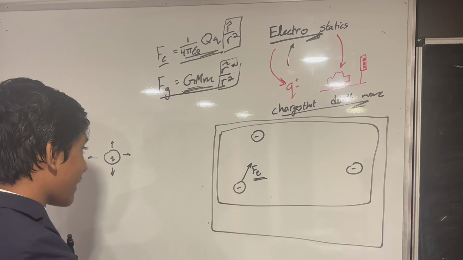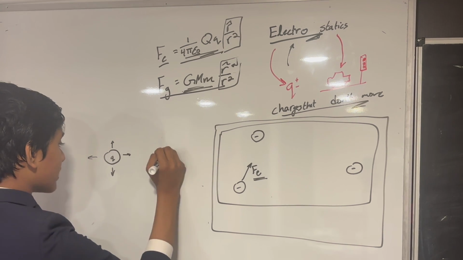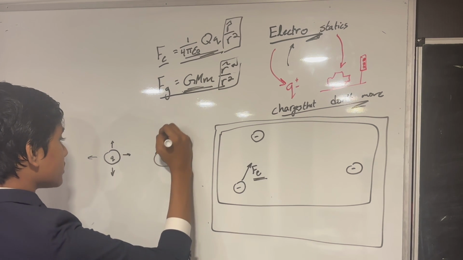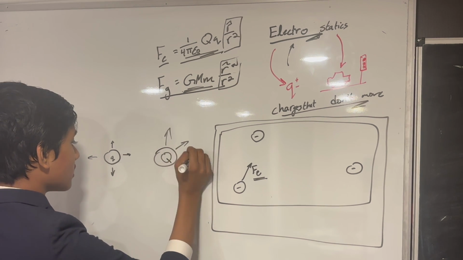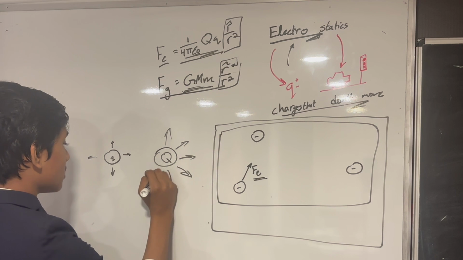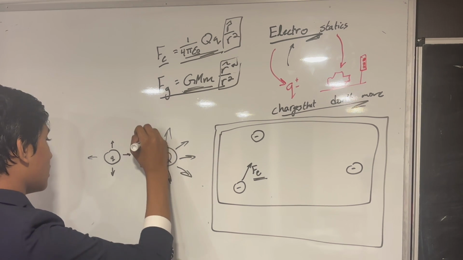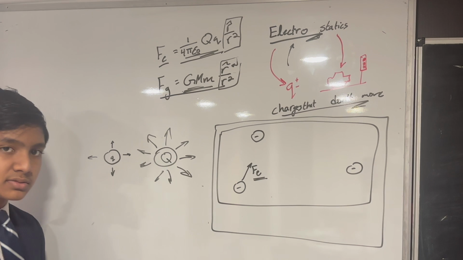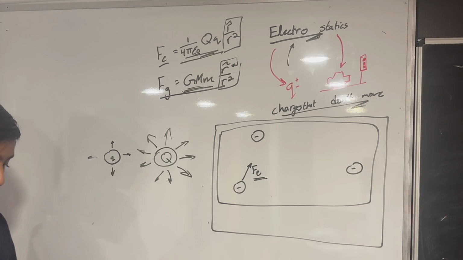Whereas if you have something with a large amount of charge, it's going to exert a much more dense electric field. The strength of the electric field is going to be stronger.